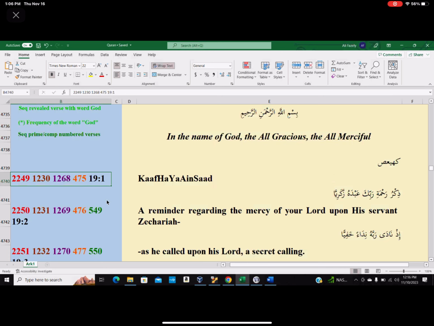Right here, 475, 19.1, Kaf, Ha, Ya, Ain, Sad. That's the number which is assigned to that verse. But they're telling you that there is an underlying relation. We didn't know this last week because we didn't know that this was the 475th harmonic prime.